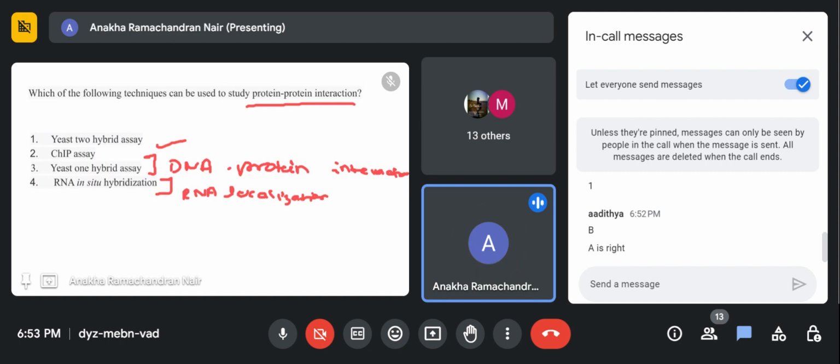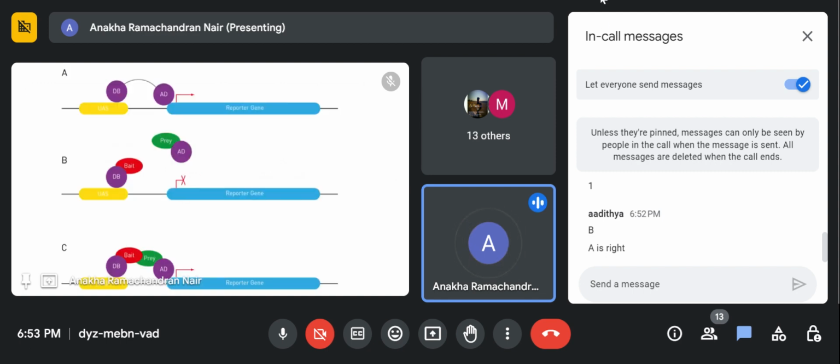So the answer in this case is yeast 2 hybrid assay. How the yeast 2 hybrid assay works is like this. This is the diagram showing this. What you have here is a DNA binding domain, and this AD that you see is the activation domain. The DNA binding domain of a protein, or a transcription factor in this case, binds to a certain part of the DNA upstream of the gene of interest.